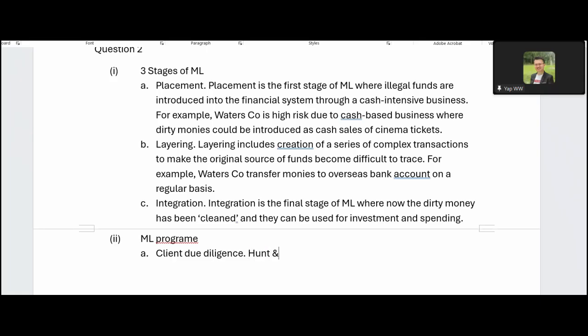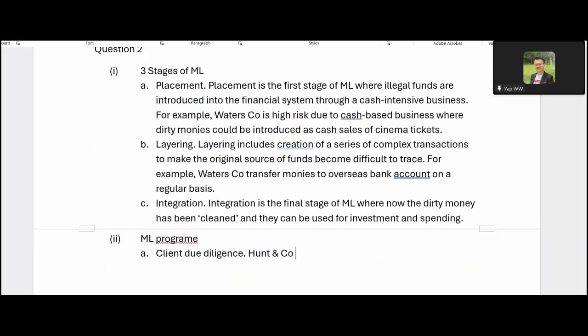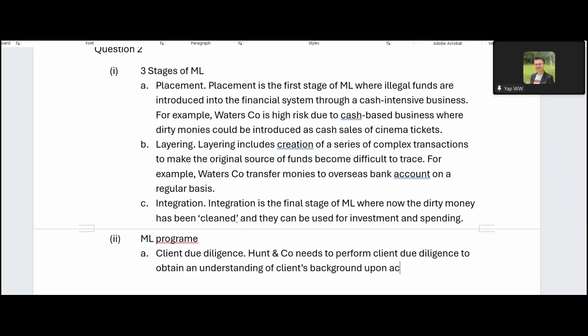So Hunt and Co is the audit firm. Am I right? Yeah, you are an audit manager in Hunt and Co. So Hunt and Co needs to perform client due diligence to obtain an understanding of the client's background upon acceptance.